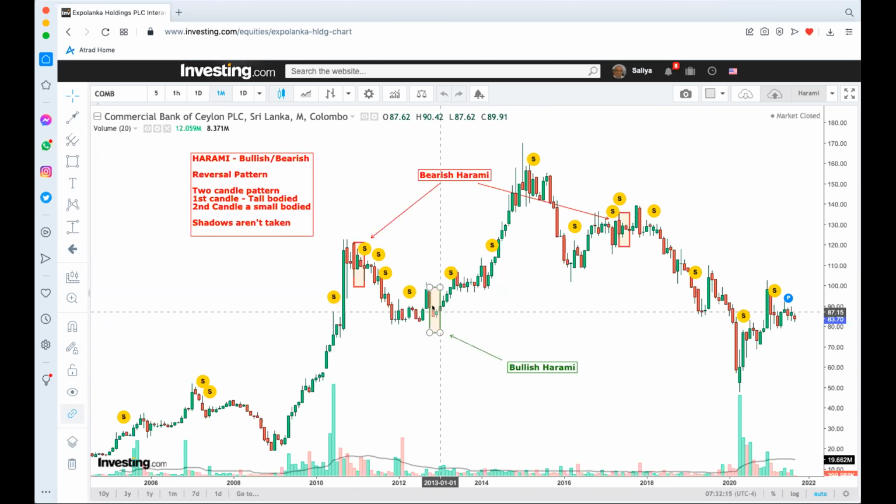So the moment we see end of day trading and a bullish Harami formation, if you are interested in this stock and believe in it, then we can put a GTC order at that price. It's not just a GTC order; it has to be a buy stop limit order.